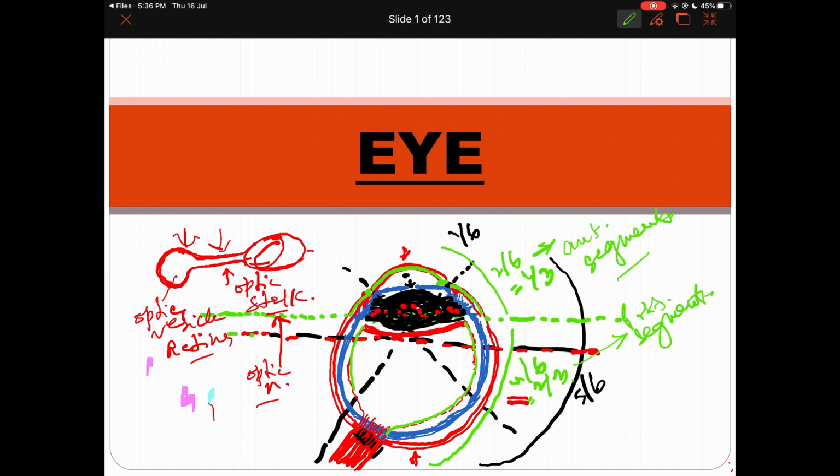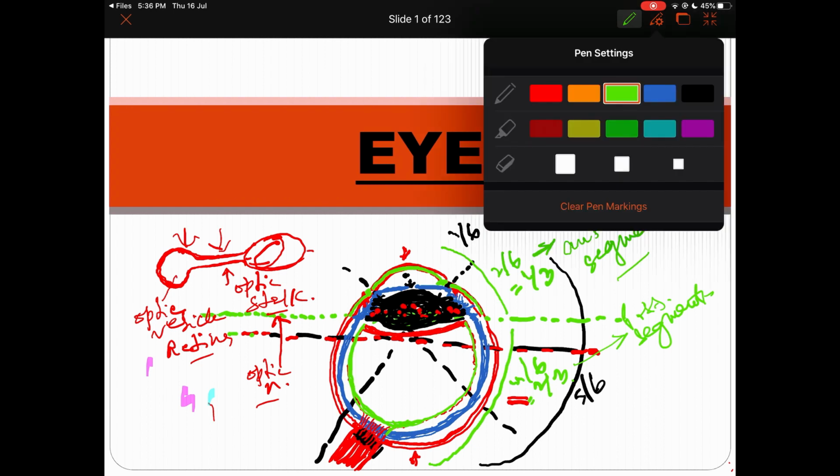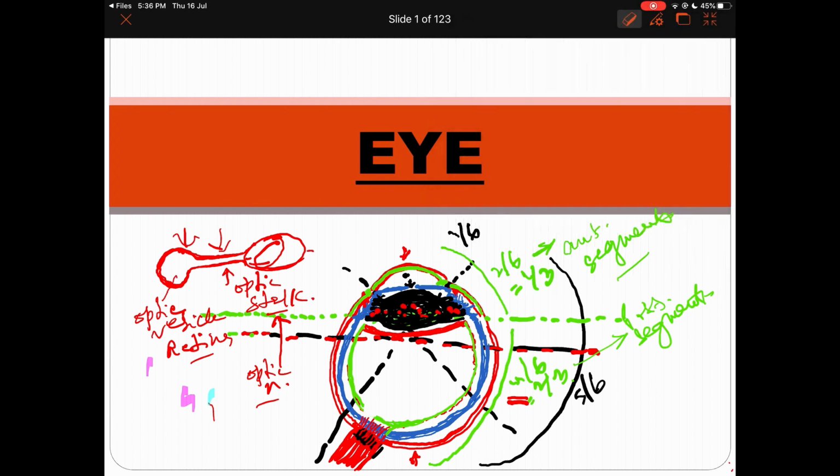Up to here you see it is the non-neural part, the green color which I am showing you. It is overlaid by the choroid, in touch with the choroid obviously.